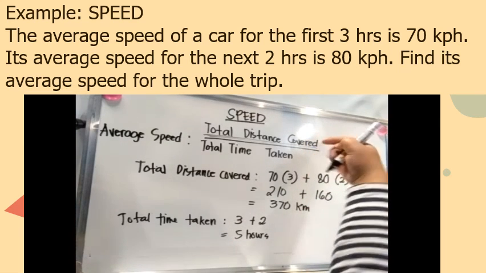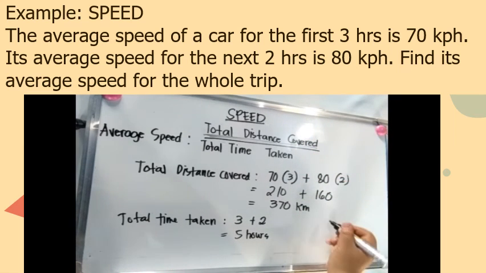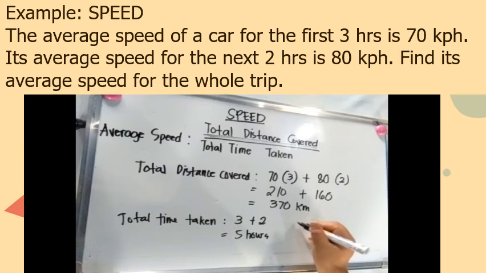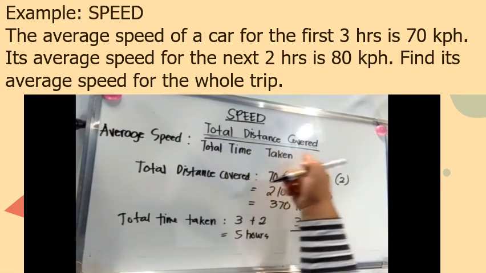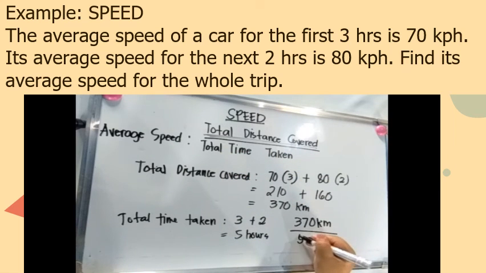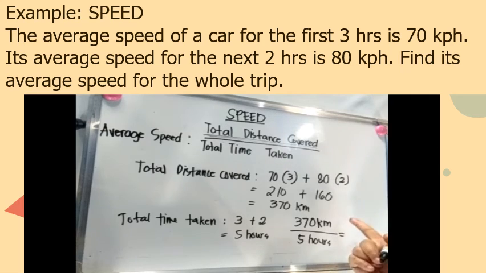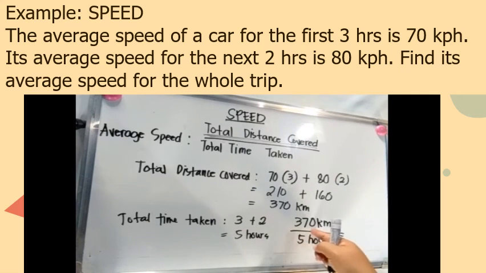Okay, so what is the total distance covered? We have... Dari lang ta mag-solve class ha. We have 370 kilometer over total time taken. We have 5 hours. Okay, so what is the average speed of a car? So we have 370 divided by 5.